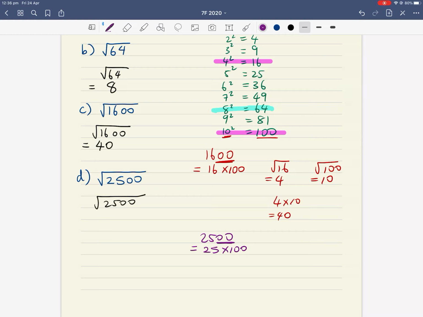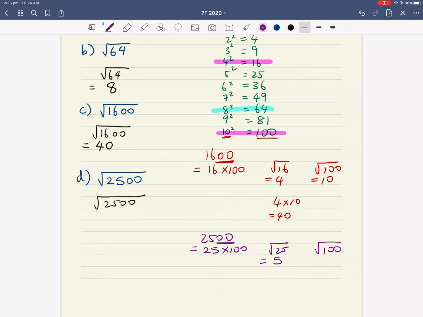Well, 25 times 100 gives me 2,500, or 25 hundreds. Well, then you're thinking, what is the square root of 25, and what is the square root of 100? Square root of 25 is 5, because you can see that on your list, and you know 5 squared is 25. And square root of 100 is 10, because 10 squared is 100.